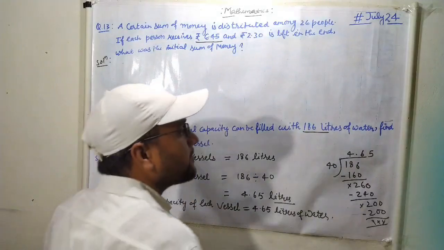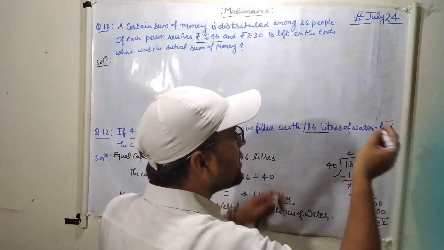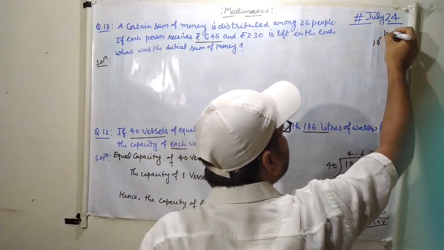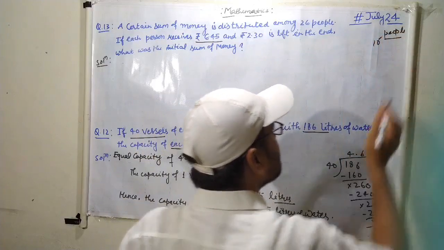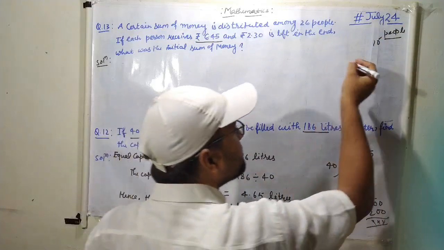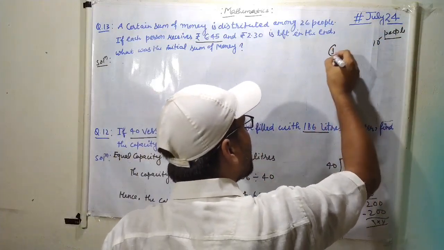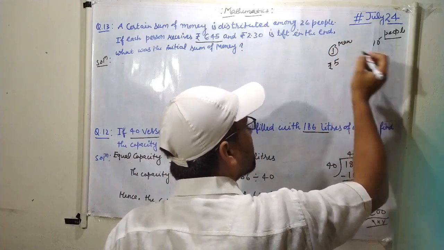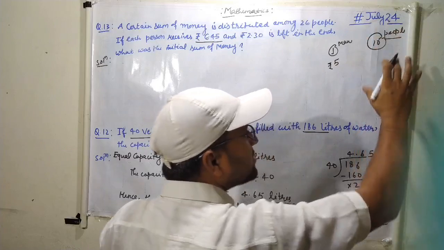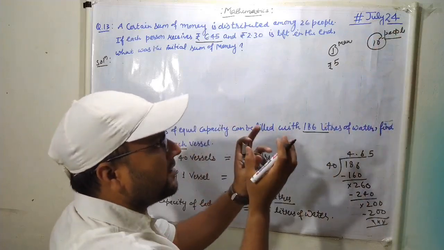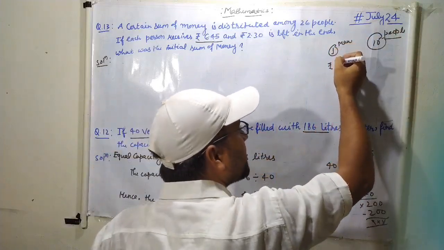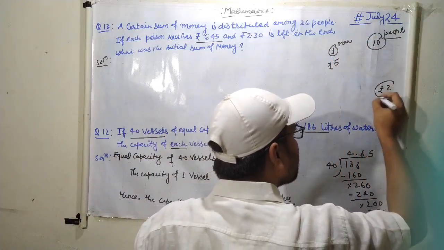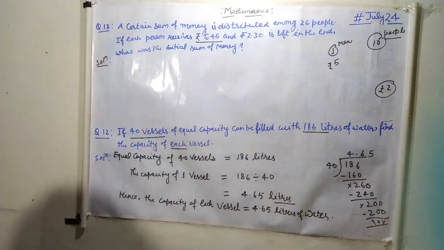So listen students, if I have distributed a sum of money among 10 people equally, and each person, one man, got 5 rupees, and at the end 2 rupees is left with me, how much money did I have?